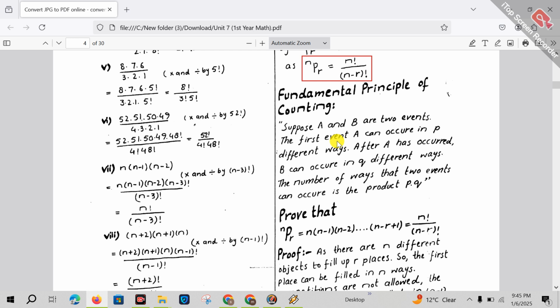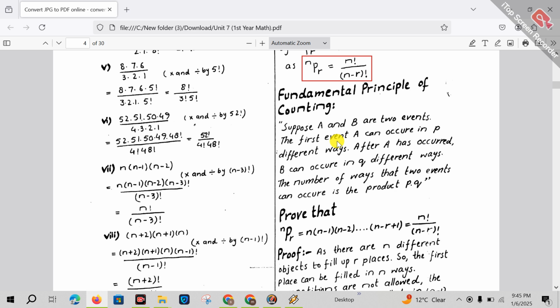So the sample space is S equal to head and tail, and you know the concept of subset. Suppose we have a set B that contains the elements 1, 2, 3, 4, 5, 6 and 7. Suppose we have another set A, which contains the elements 1, 2 and 3.